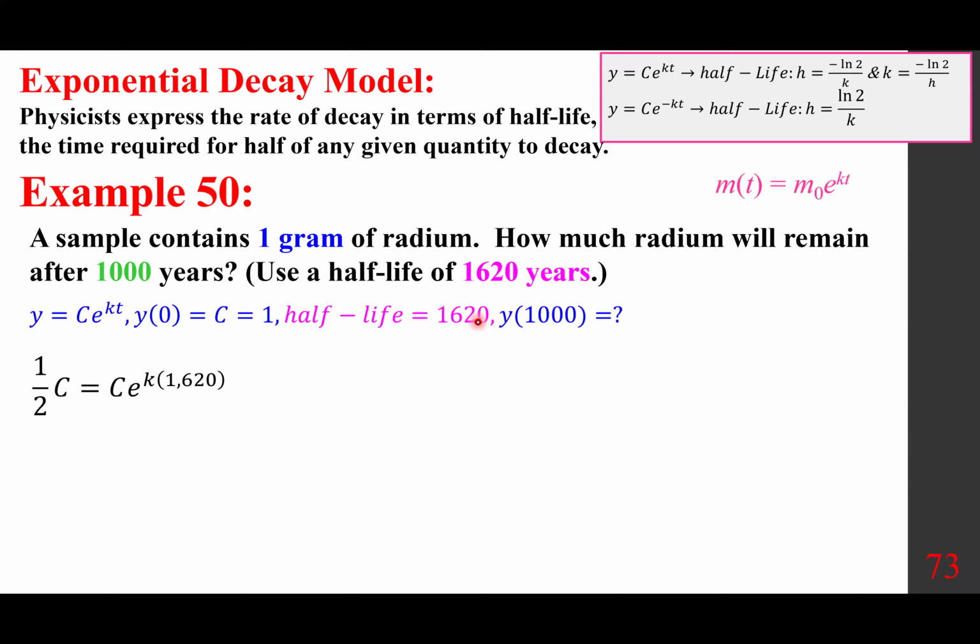Eventually, we can change it to 1 gram. But my point being, we don't even need to know how much the initial value is, okay? But you keep it as c, it's 1/2 c equals c e to the power of k times t. Because the half-life is given, so you put the half-life as t. If it wasn't given, you would say t and calculate in general.